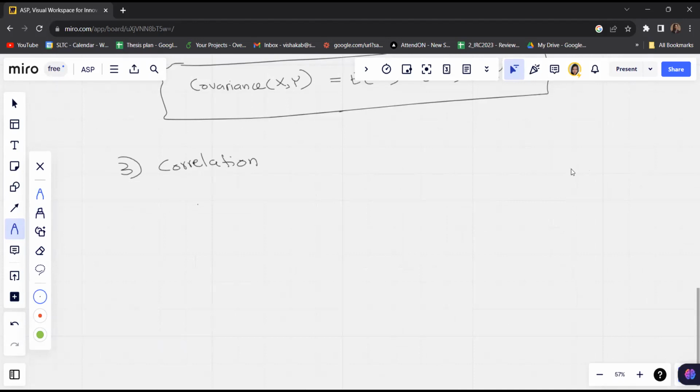So the correlation between two signals, or between multiple random variables, we denote using EXY, where we denote the correlation between X and Y random variables.